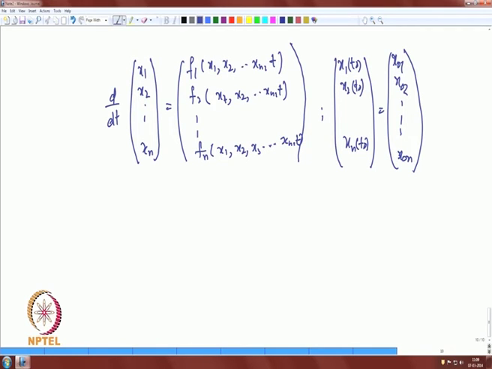Where each fi is a function from Rn cross R to Rn, not necessarily linear.